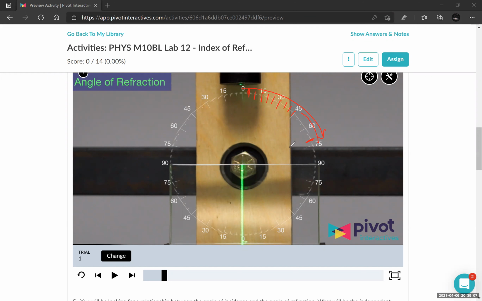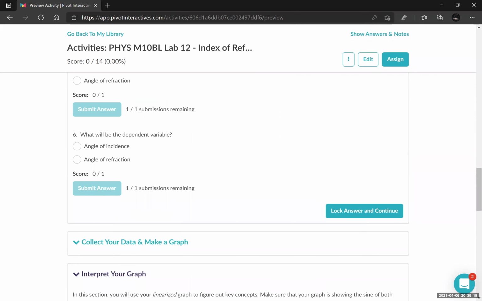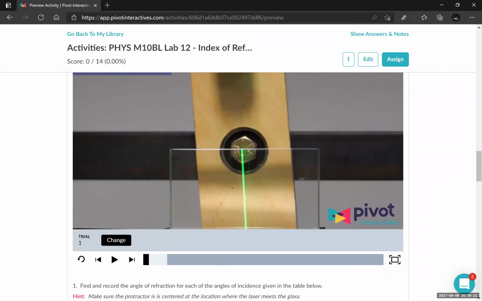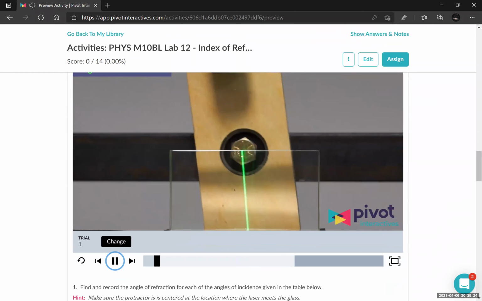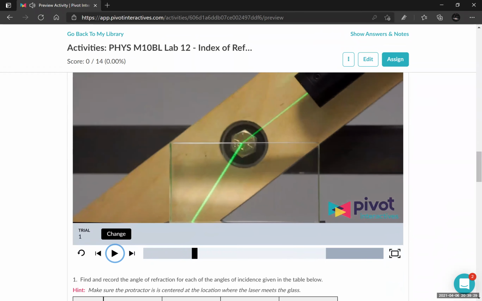Then answer some of those questions, log this, and come back, and you basically have the same experiment. Here you're going to collect data.